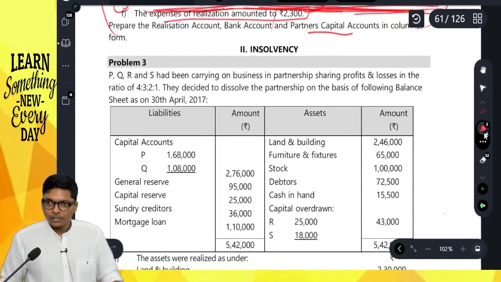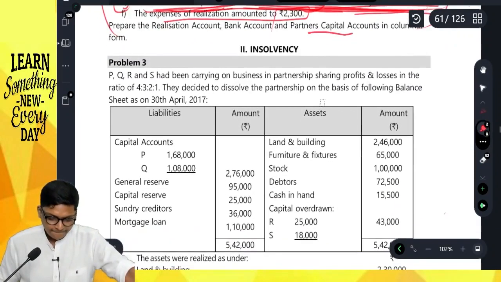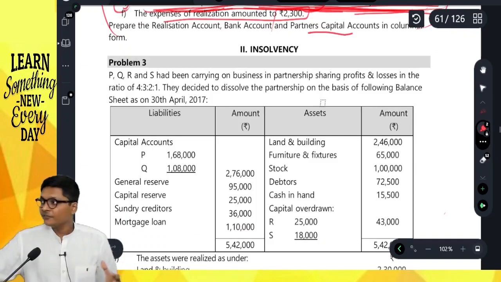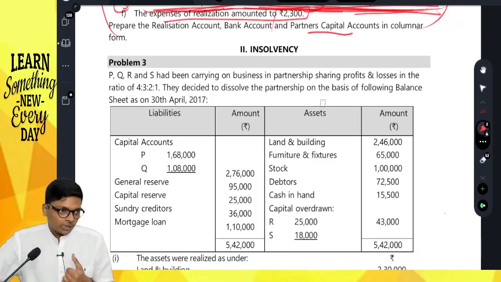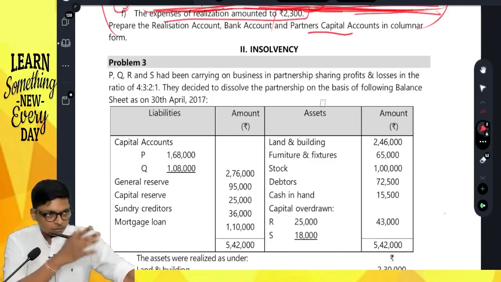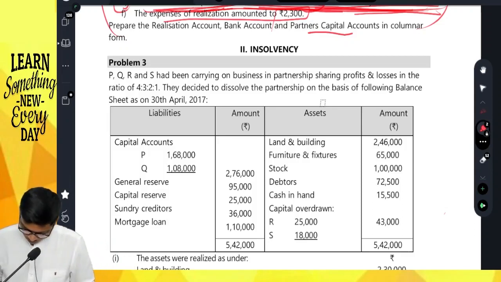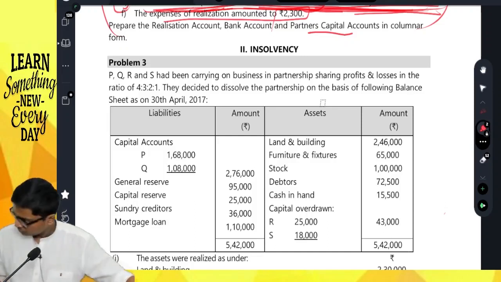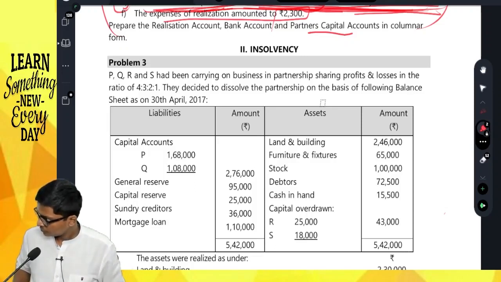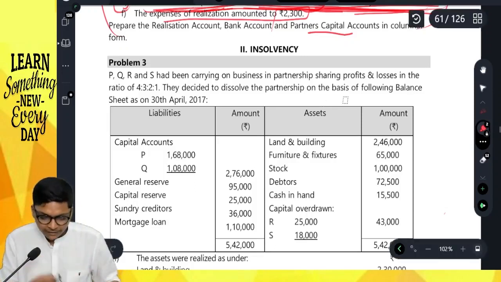Okay. Let's start, guys. Insolvency question 3. We can't finish the sum, but let's do as much as possible. Yes, read the question. Yeah, read question number 3. Yeah, just keep reading.